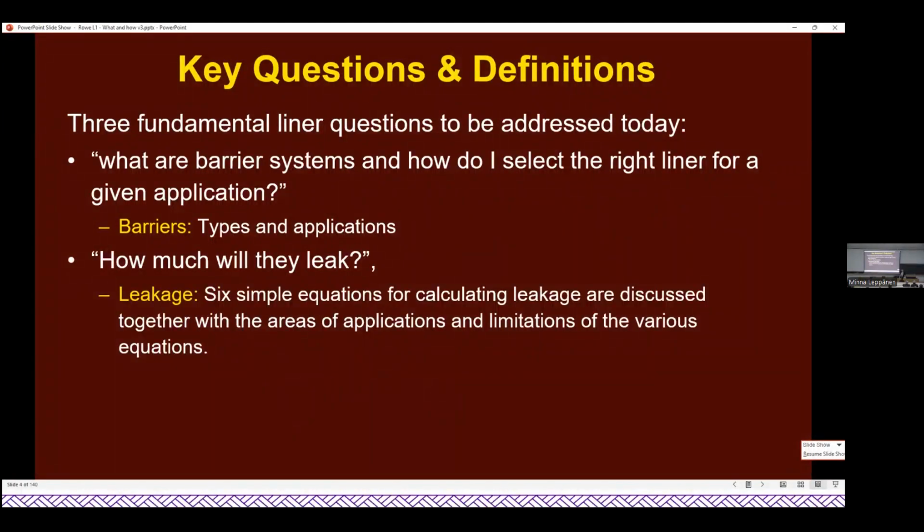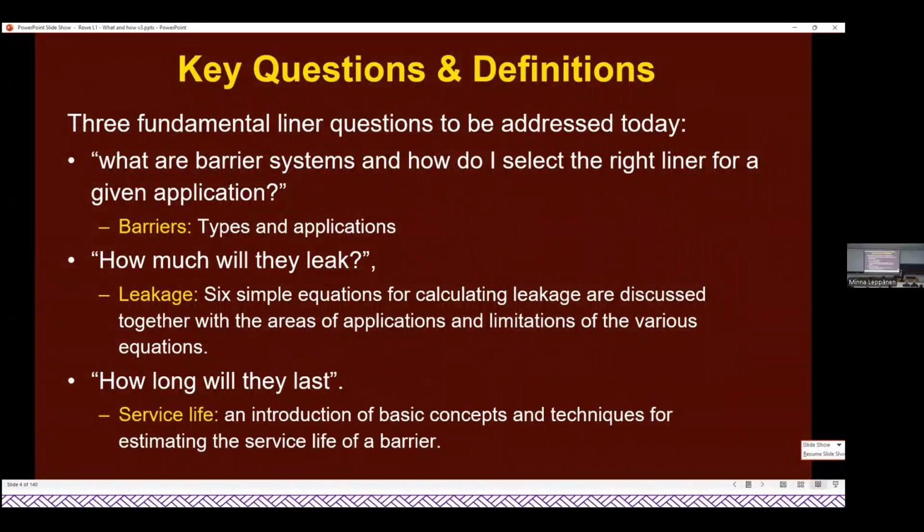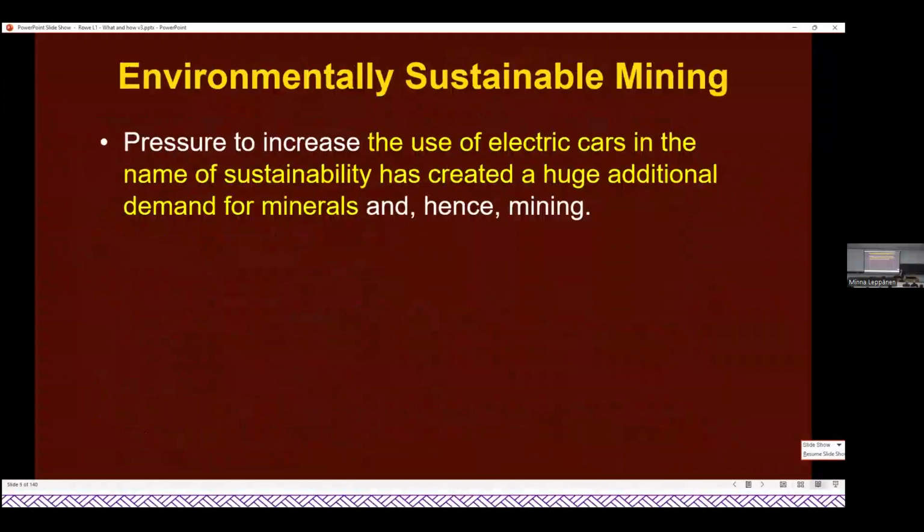And we'll be looking at 6 relatively simple equations that can be used to calculate leakage in different environments. The real key is picking the right equation for the right application. And then we're going to deal with the question of how long will they last? And what is the service life?